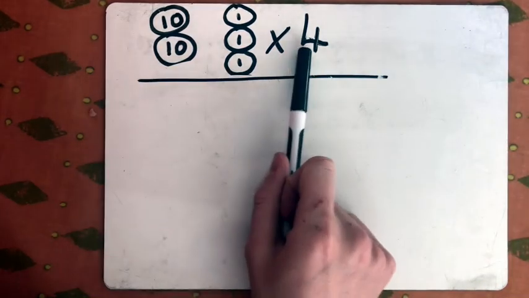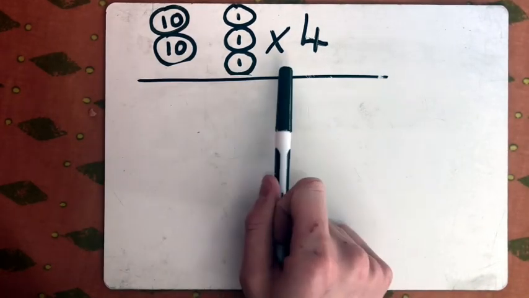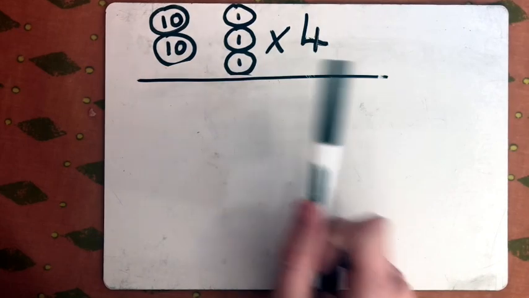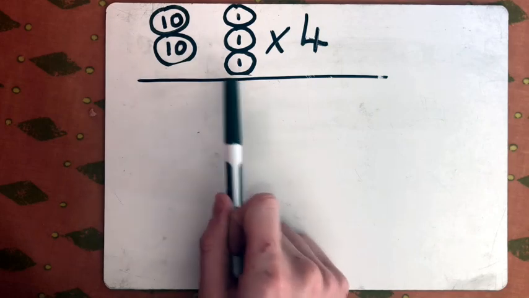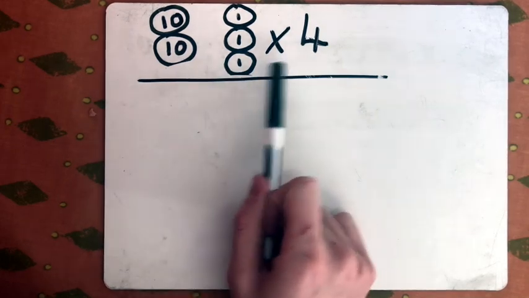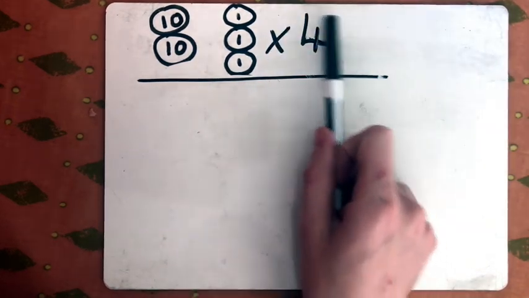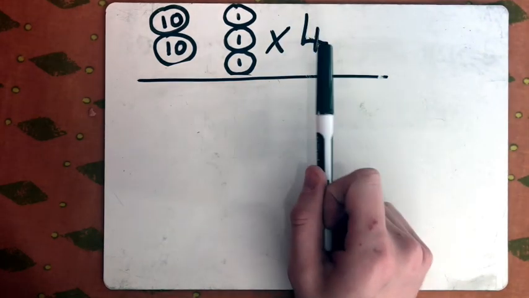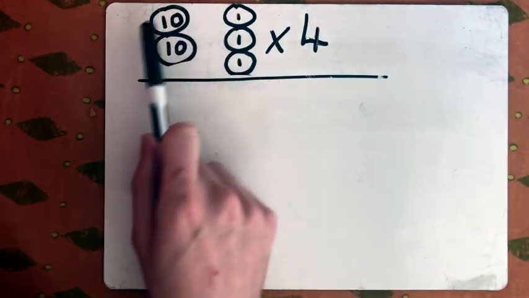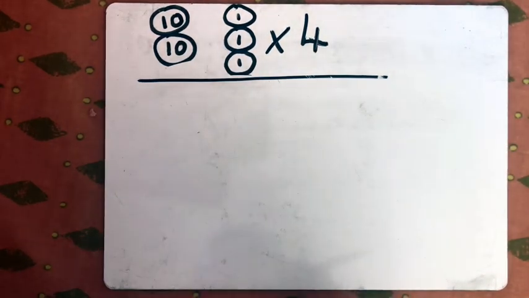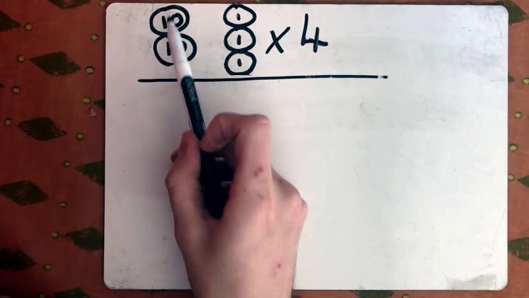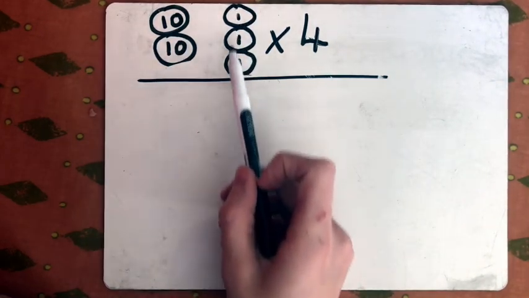So one of the questions we've got in front of us here is a slightly different way of challenging our thinking. It's in pictorial form to show us the number, and we're multiplying by 4. I can think back to yesterday's lesson where we were breaking numbers down into tens and ones.